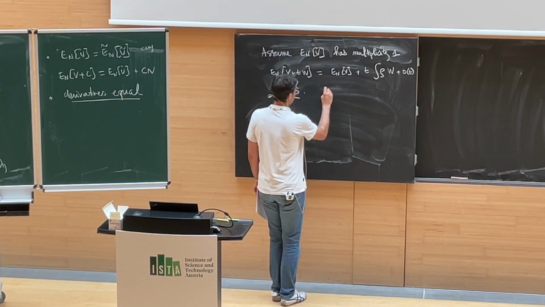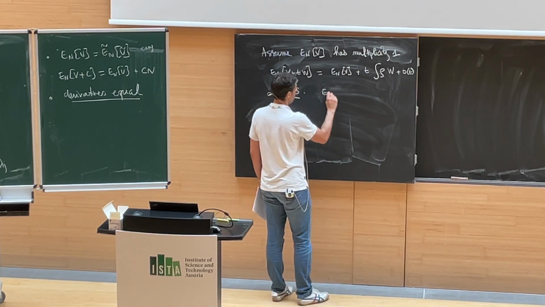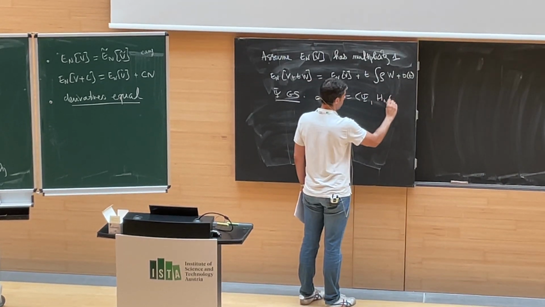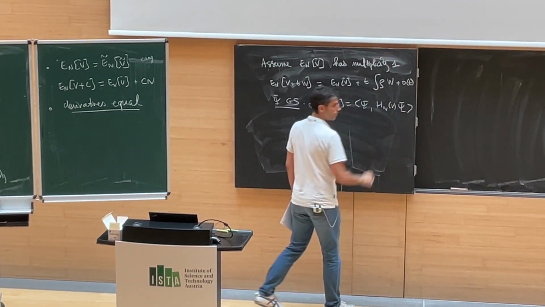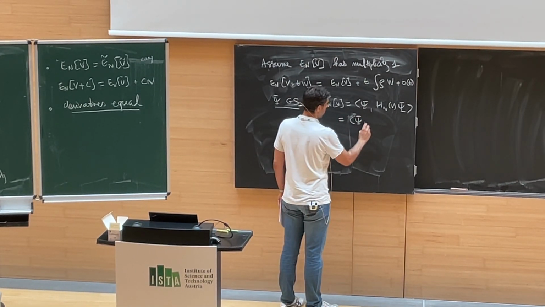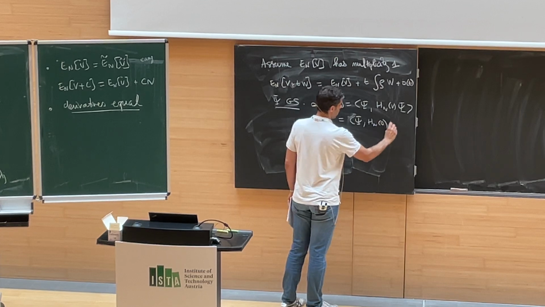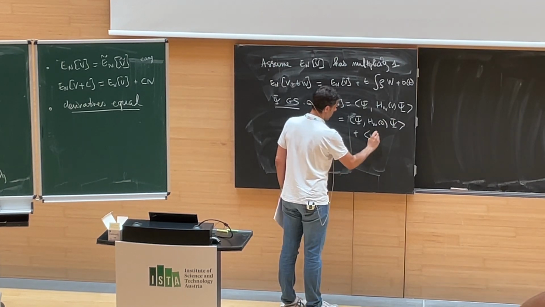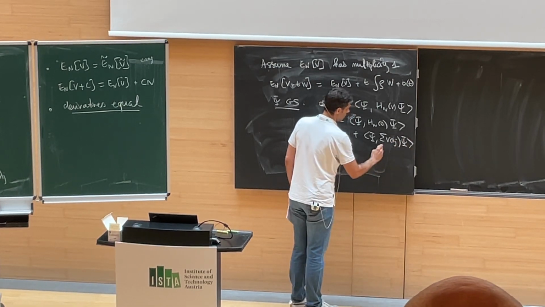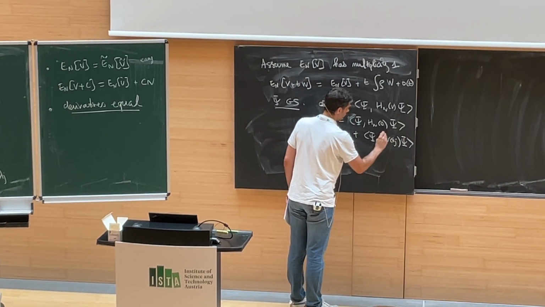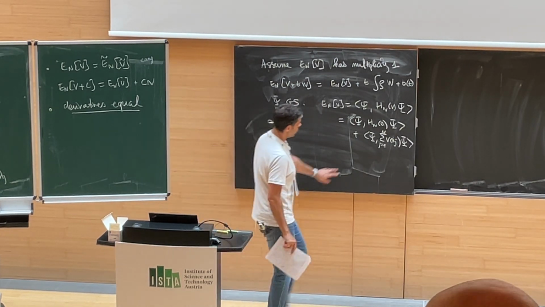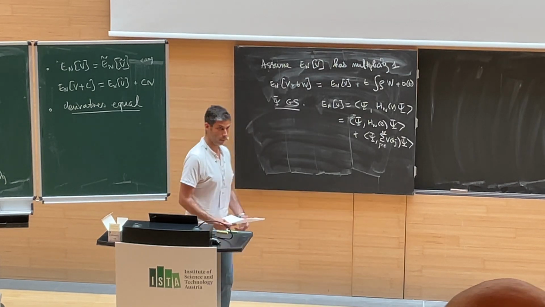Of course I have that En of V is the scalar product of psi with H psi, which is psi, Hn of 0, psi plus psi, the sum of V of xj, psi. You see that the term that depends on V is an easy term because it's really a one-body term.